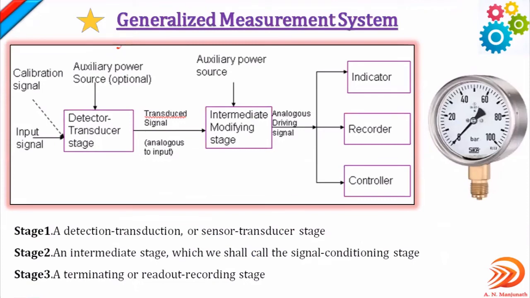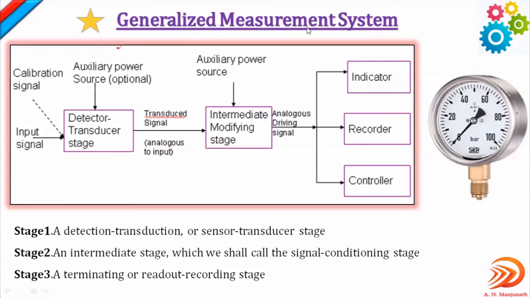Generalized measurement system. As the name represents, generalized. This is important. Most of the time, this question will be asked in the question papers, right? Generalized measurement system. Irrespective of any sort of measurement system, it consists of these three stages or these three elements. We can consider this as a chain of elements or chain of devices.